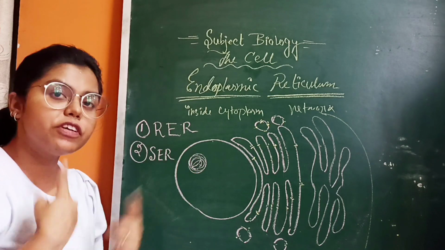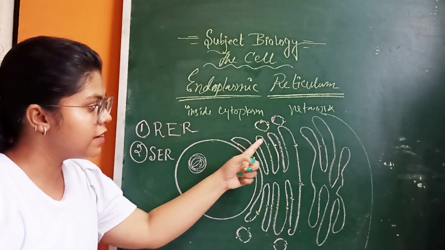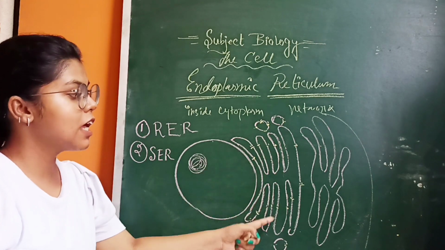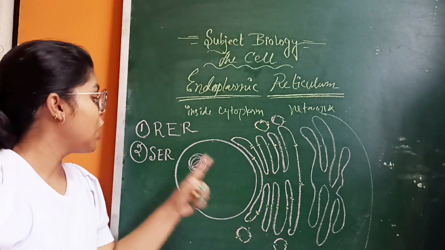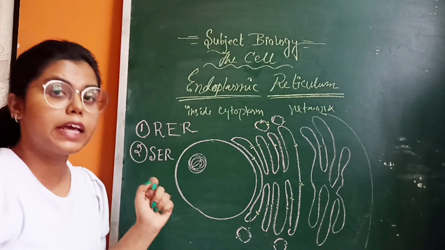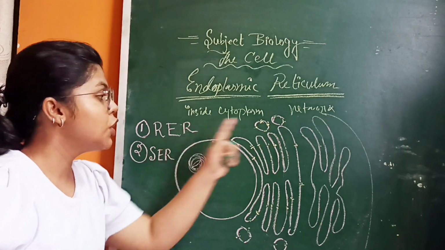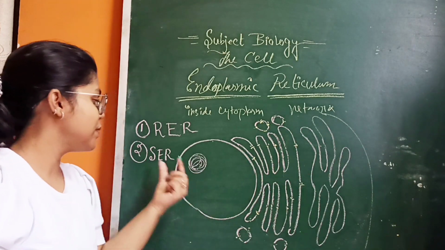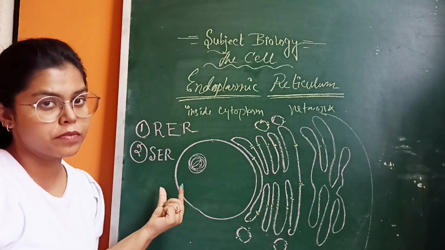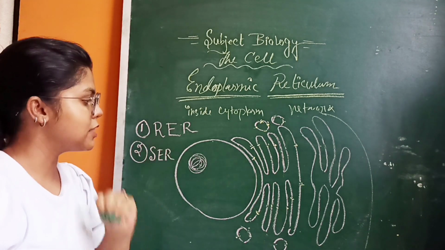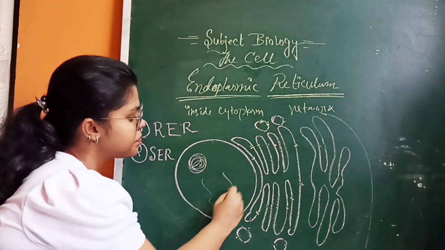Because on the surface of the endoplasmic reticulum, ribosomes are present, and this is unbranched. Whereas in smooth endoplasmic reticulum, or SER, no ribosomes are present. So these are the types of endoplasmic reticulum.